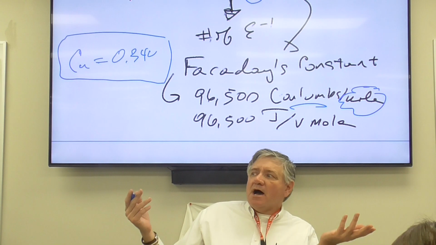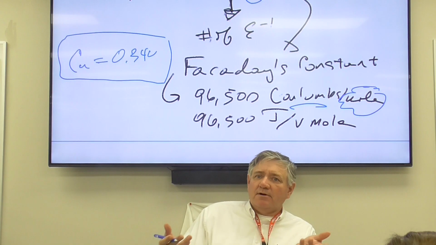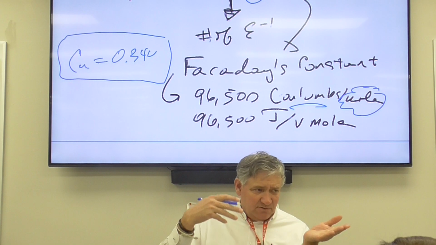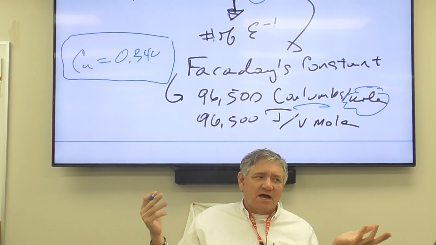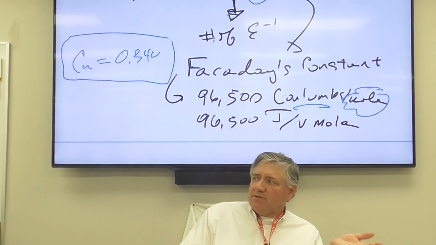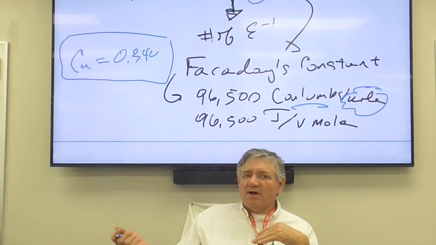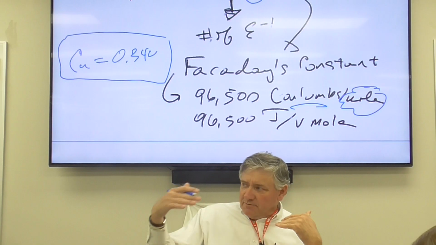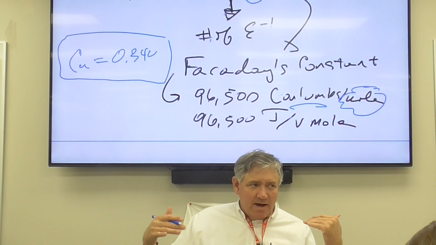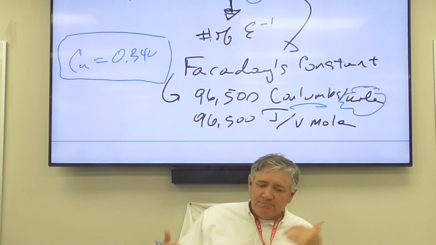All you had to have was some copper, because this value is what's known as an intrinsic property. As long as you have copper, that's going to be your reduction potential. As long as you have some zinc, that's going to be your reduction potential. The amount of copper that you have doesn't matter, because it's just a number.